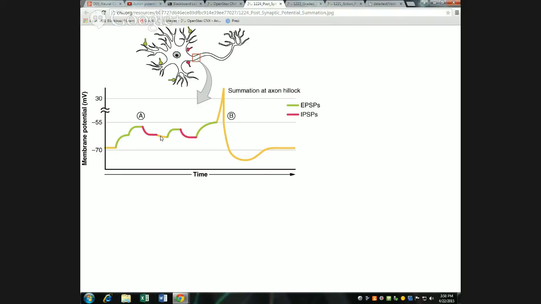So the yellow line's kind of falling down a little bit because nothing's happening. And then another excitatory or depolarizing graded potential comes along, and then a hyperpolarizing one, and then a depolarizing one. And finally, adding all of those up, positive or negative changes, we get to threshold. And once we hit threshold, we see summation.